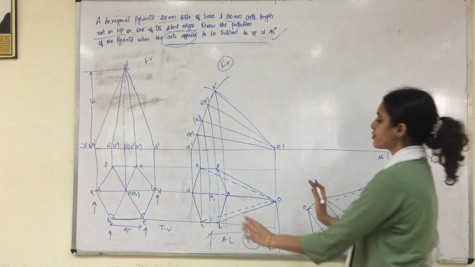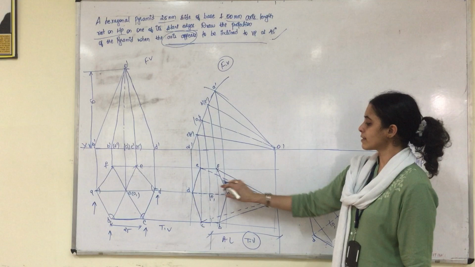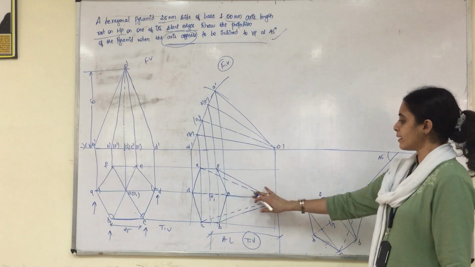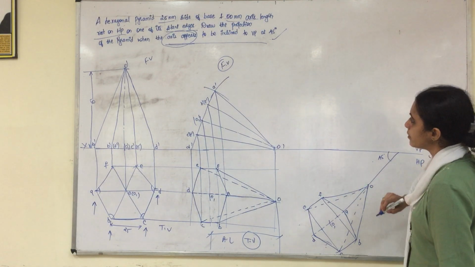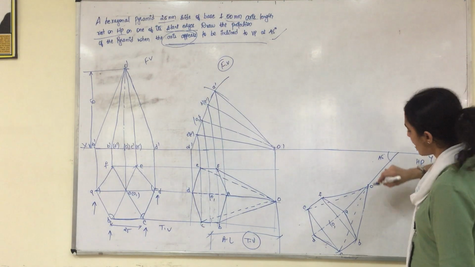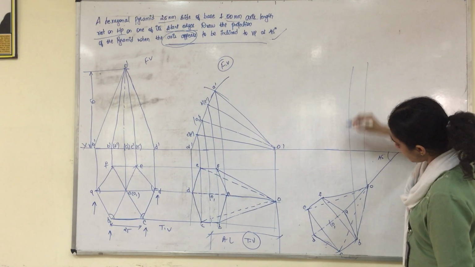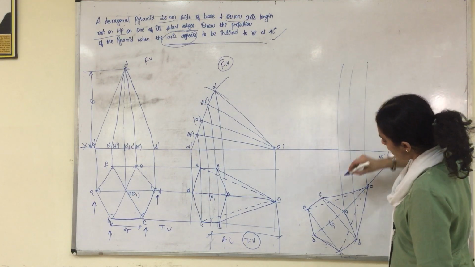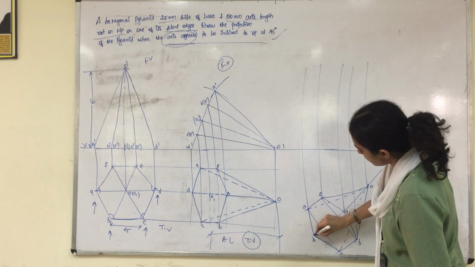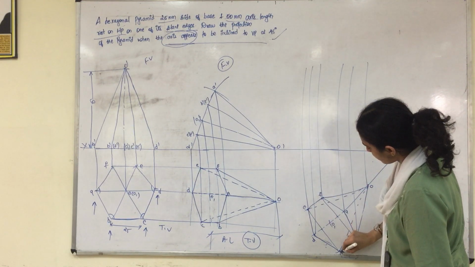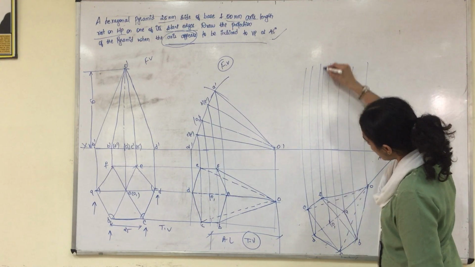So now we have shifted the second stage top view to the third stage, where the apparent length axis is inclined to 45 degree to VP. So once this is done, we have to look how the last stage looks like. So please take the projection from O, from B, from A, from F, from E, from C, and also from O1.